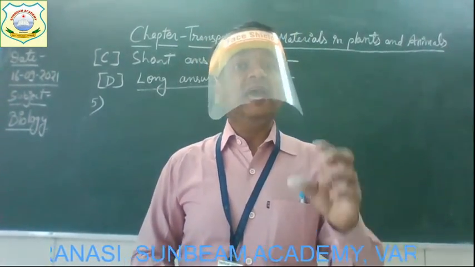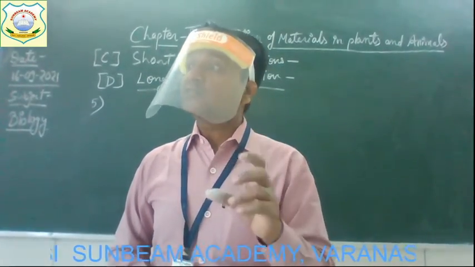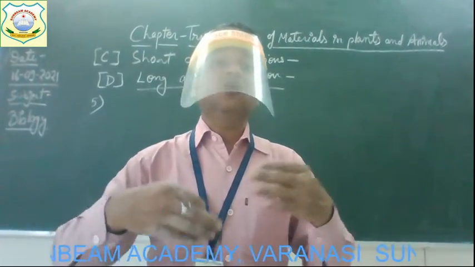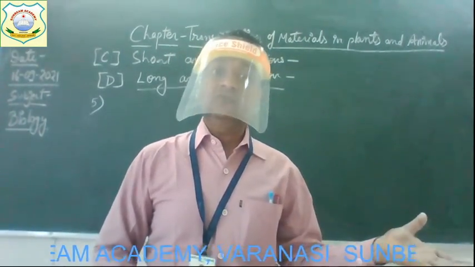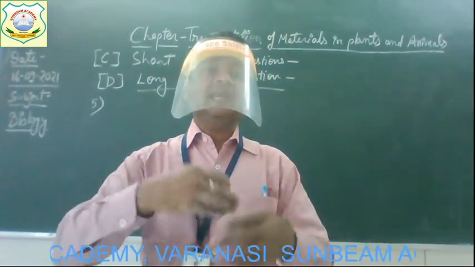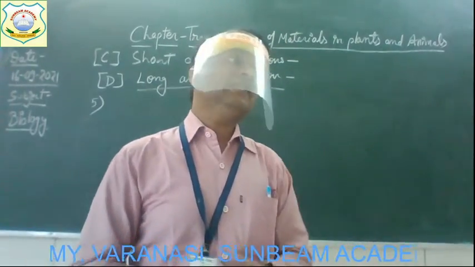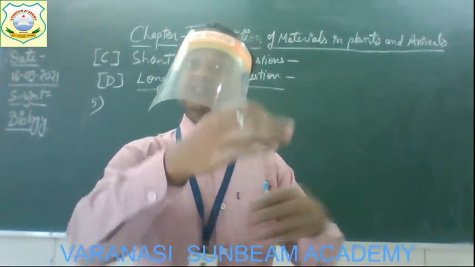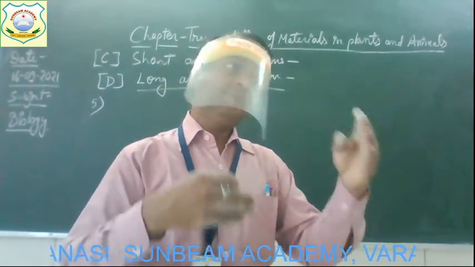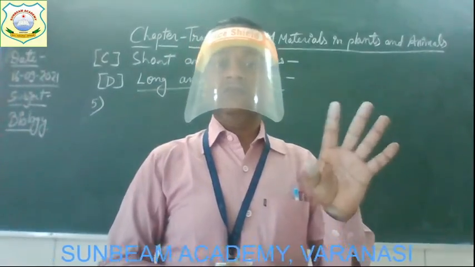They have very thin walls also, and through this thin wall, materials like oxygen, digested food, carbon dioxide, and other waste products are exchanged between the blood and the surrounding cells. So this exchange of material takes place where? In capillaries. Get it? Not in arteries and not in veins.